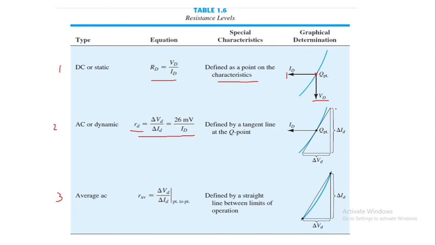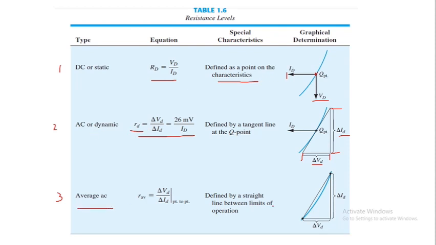This will give you some maximum and minimum values of current, and similarly maximum and minimum values of voltage. And when you find the change in voltage and change in current, you can simply put them in this equation to find AC or dynamic resistance.